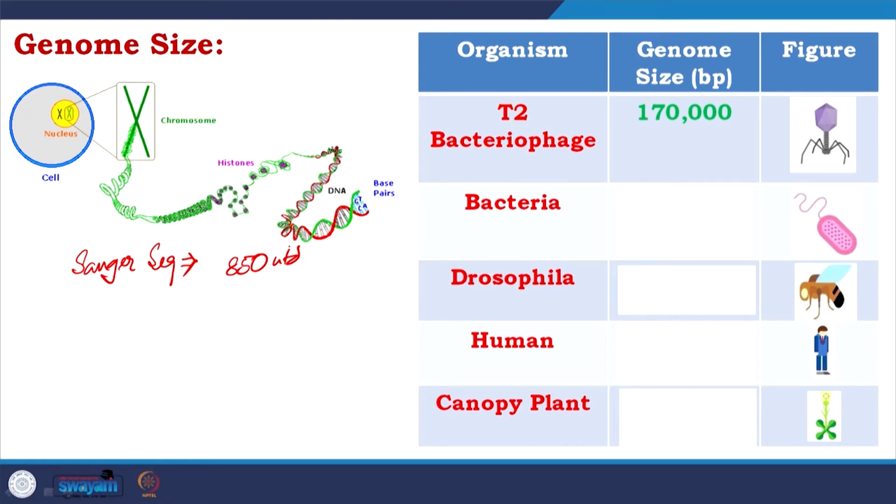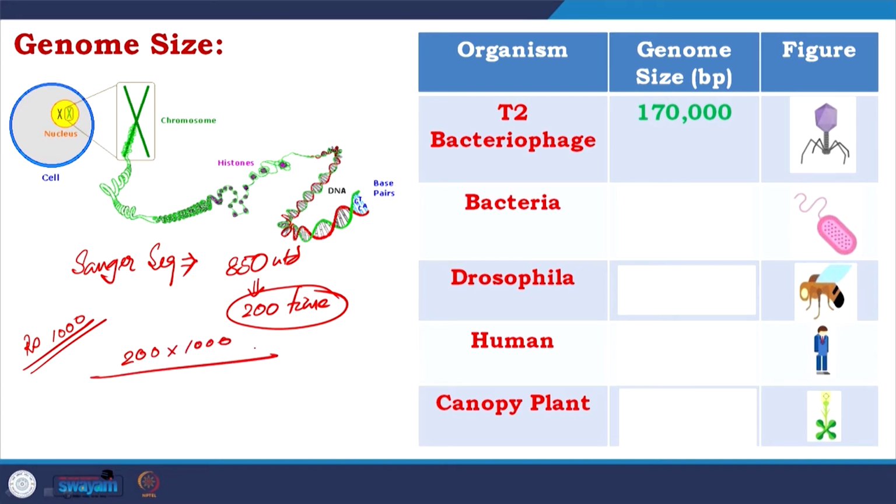That means you have to perform around 200 reactions to sequence the genome of one of the smallest organisms, the T2 bacteriophage. If you think in terms of money, say in Sanger sequencing, even today you pay, let's say, 1000 rupees per reaction, though it's generally less, then you have to spend 200 times 1000 for one small T2 bacteriophage.